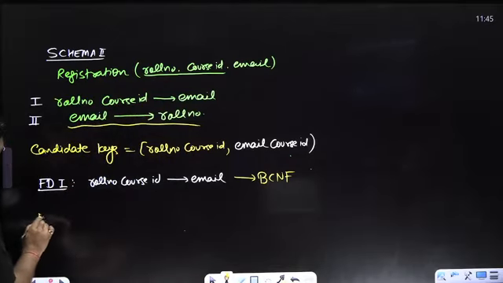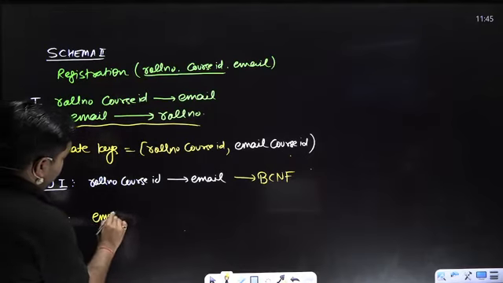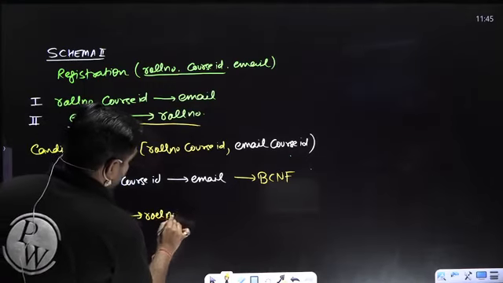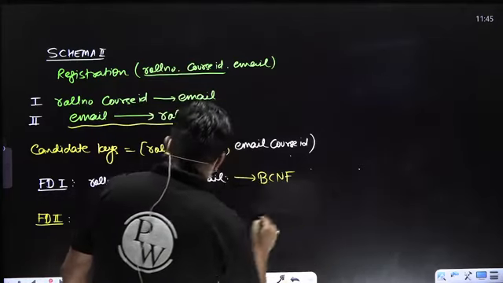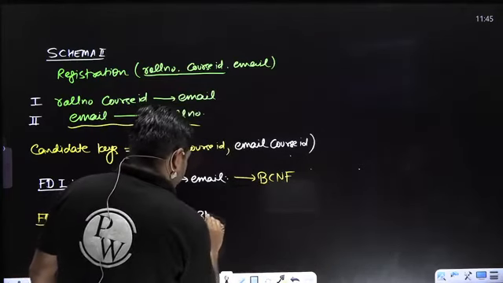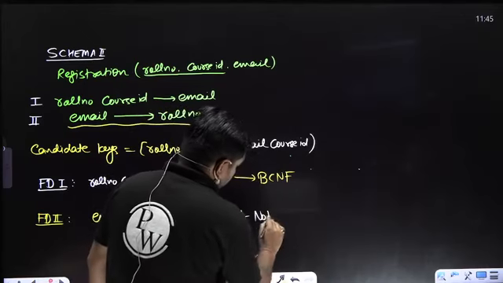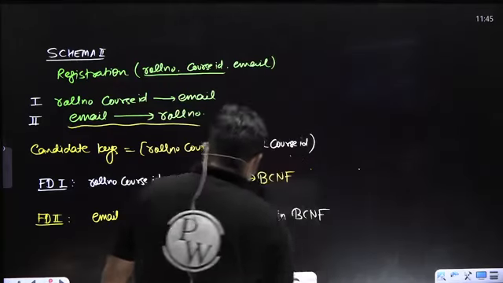Second FD: email to course number, email to roll number. What you can say, it is in 3NF but not in BCNF. Why?